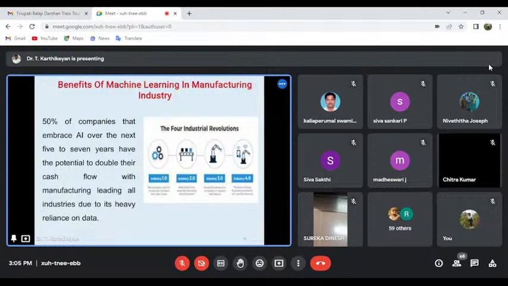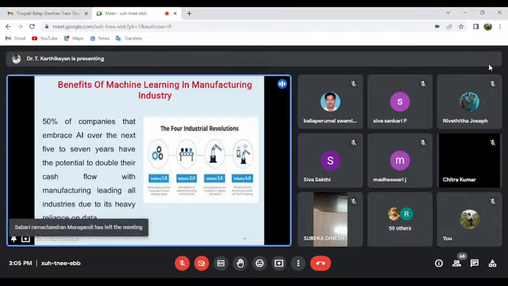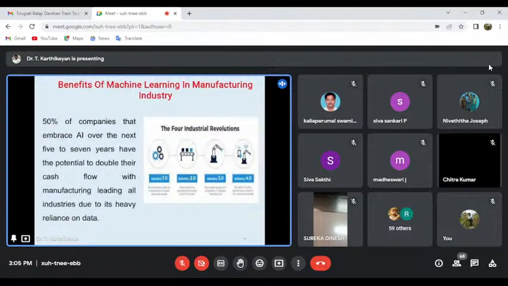And also, by using this machine learning technology, waste is reduced by identifying faulty components earlier in the process. Before starting any process, all the system data can be given as input to a machine learning algorithm.